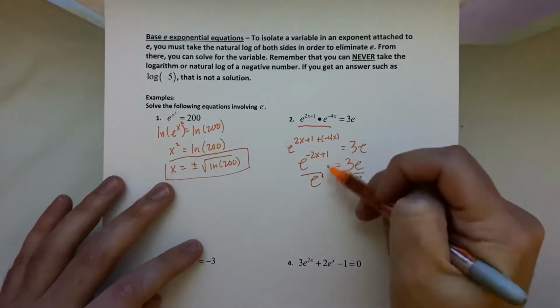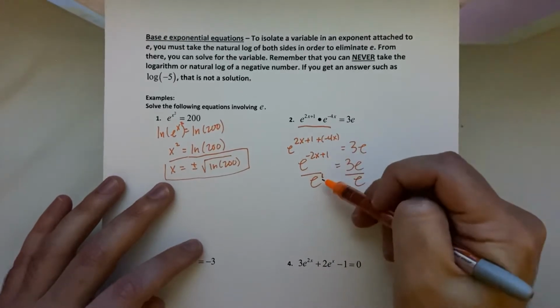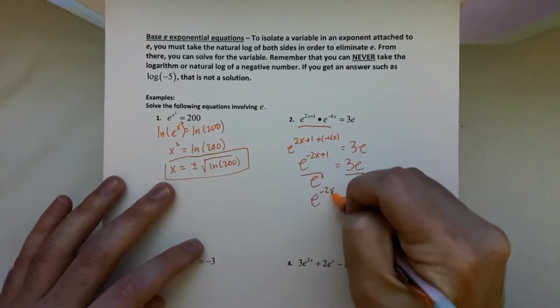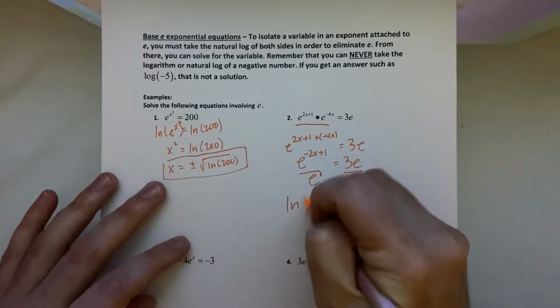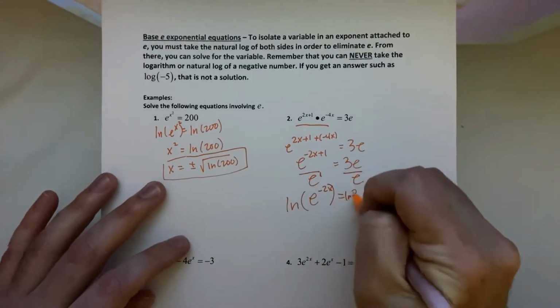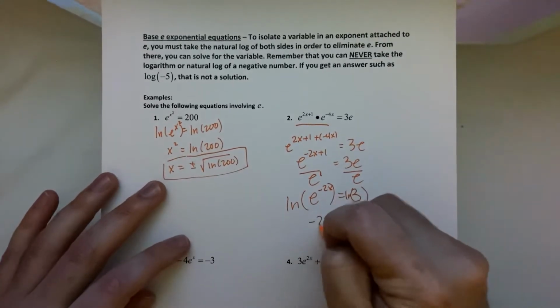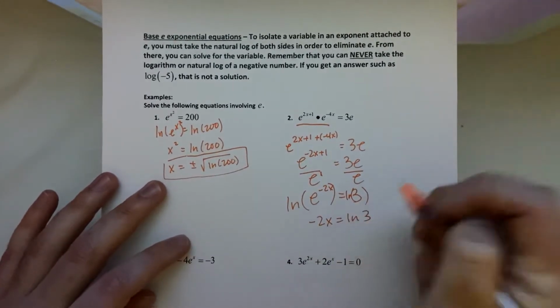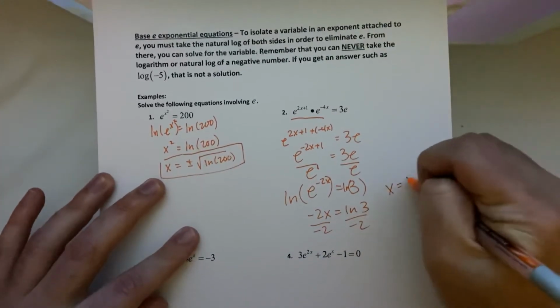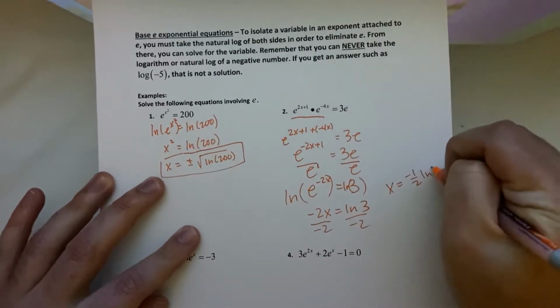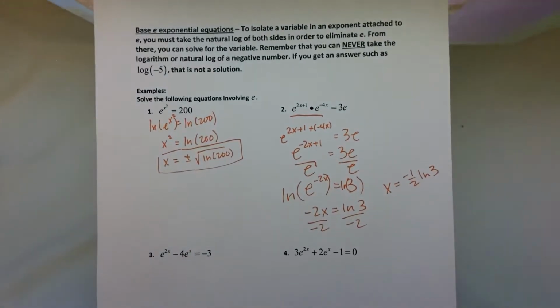Remember, this is e to the first, so negative 2x plus 1 minus 1 is just e to the negative 2x equals 3. Take the ln of both sides. So negative 2x equals the ln of 3, and divide by negative 2. So x is negative 1/2 times the ln of 3, or the negative ln of 3 over 2.